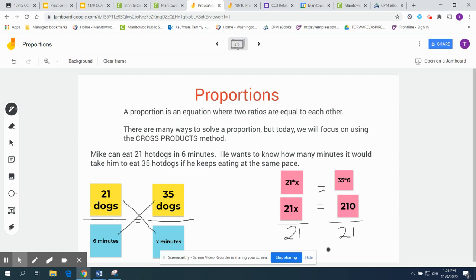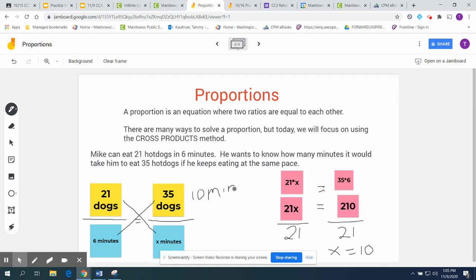And I get X is equal to 10. And then I have to make sure that I put my labels right. So 10 is my answer, but it takes 10 minutes to eat 35 hot dogs, or Mike, I should say. So make sure you put your labels on it.